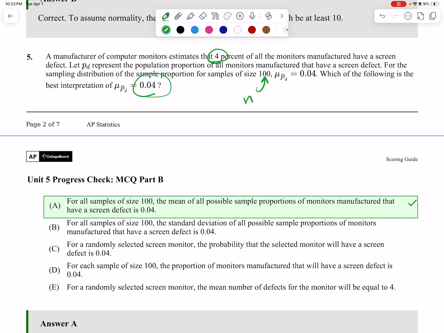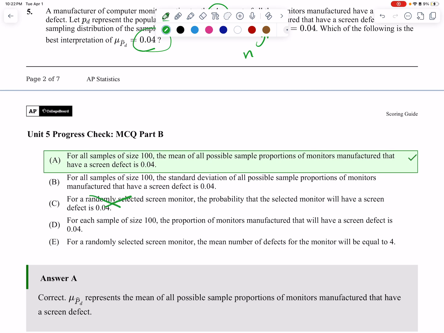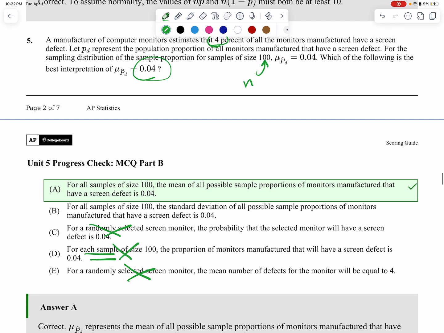Okay, so make sure, if you look at this, this is not size 100. For each sample, that's a problem because that means every single sample has to be exactly what this is saying. For a randomly selected screen monitor, it doesn't give me a size, so we know it's got to be A or B. For all samples of 100, these are the same.